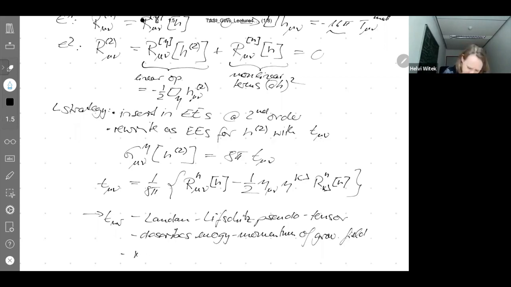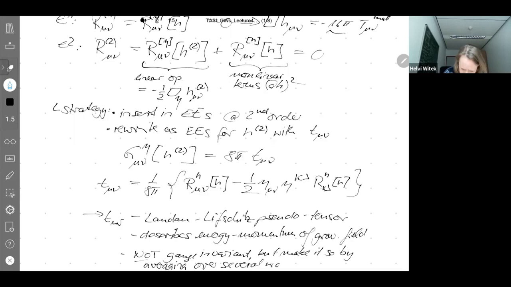So this is not gauge invariant. But we can make it so, by averaging over several wavelengths. Okay, good.